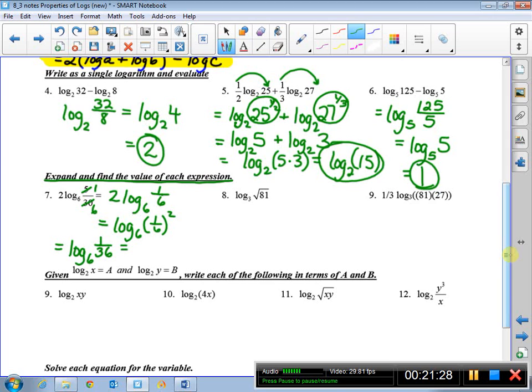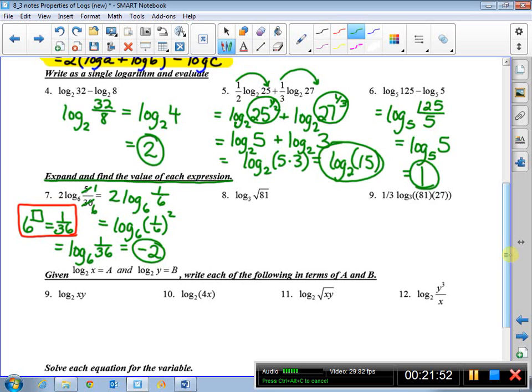And now remember, I need the exponent that goes on 6. That gives me 1/36. So that is -2. Remember, you want to think of these in exponent form to help you evaluate.